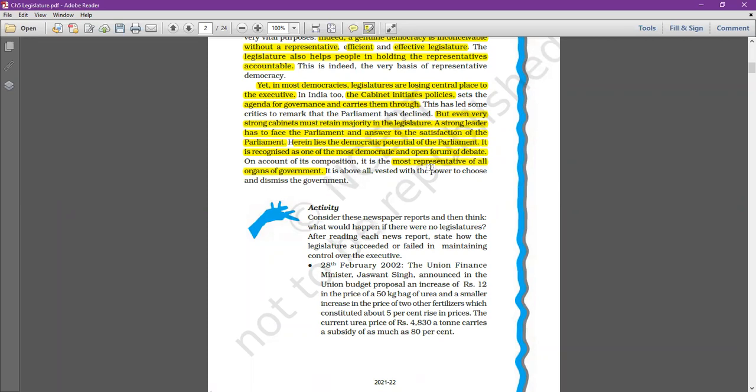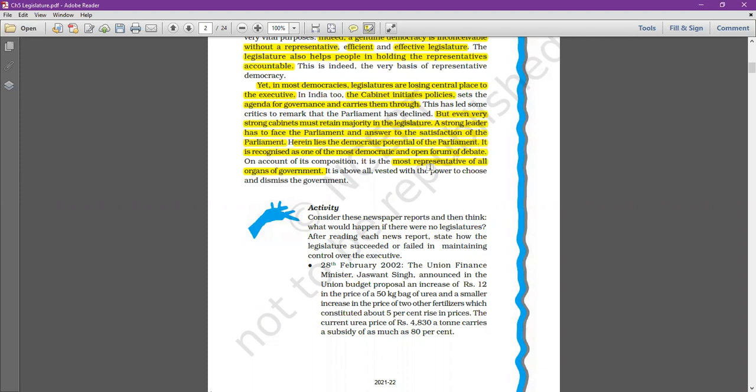And we all know that it is in the legislature that the representatives sit. In India, it is parliament, and it is constituted by the representatives elected by the people, directly or indirectly. So we understand that it is the most representative of all three organs of the government.